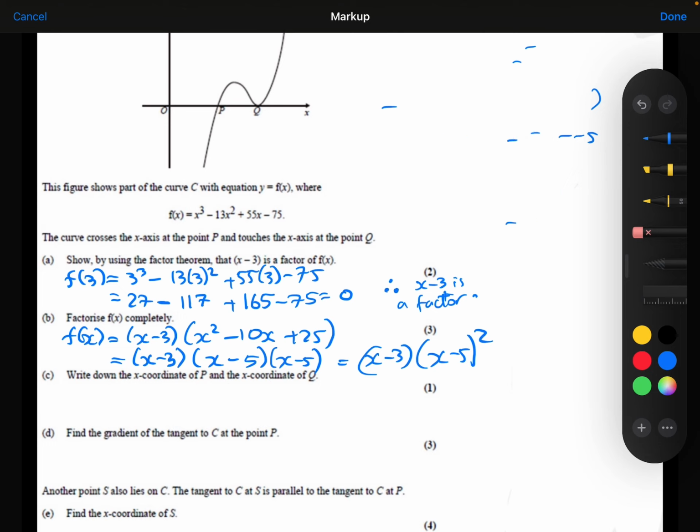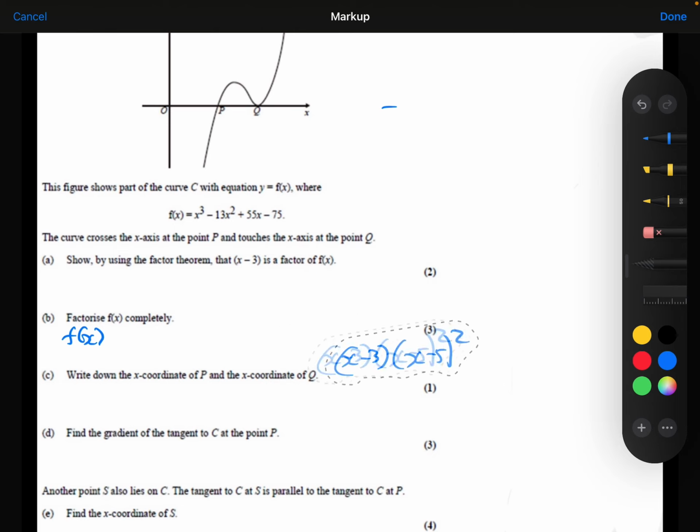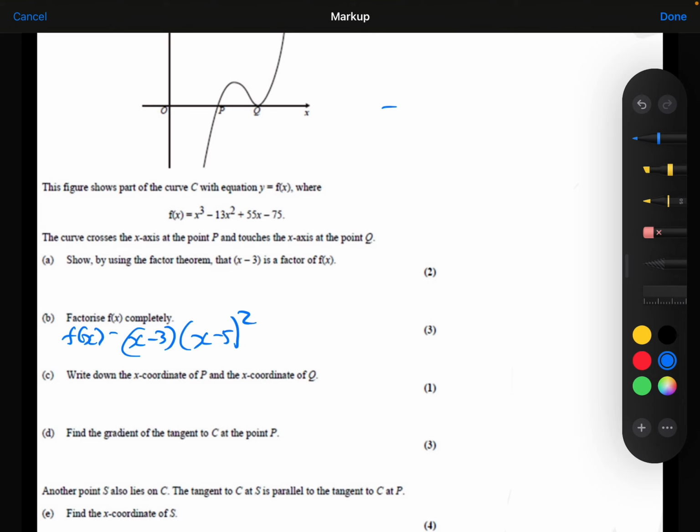Right, let me just clear up a little bit of space here. And then we can finish the rest of the question off. So, we've written f of x in its factorised form. Part C says to write down the x coordinate of point P. Remember, point P was one of the roots where the graph passed through.